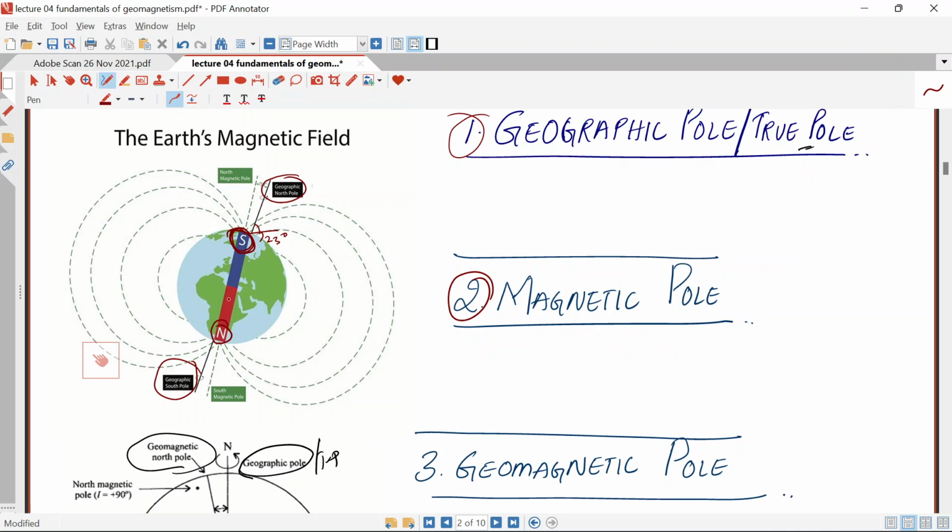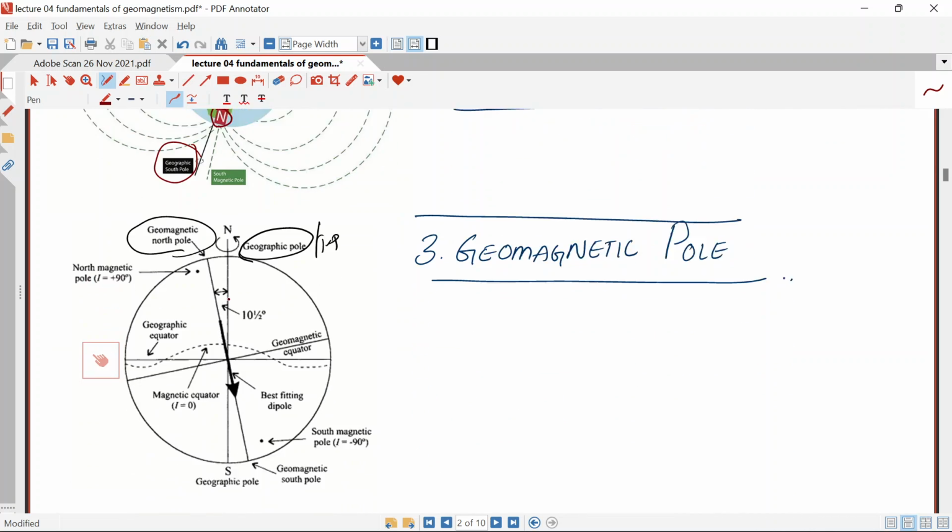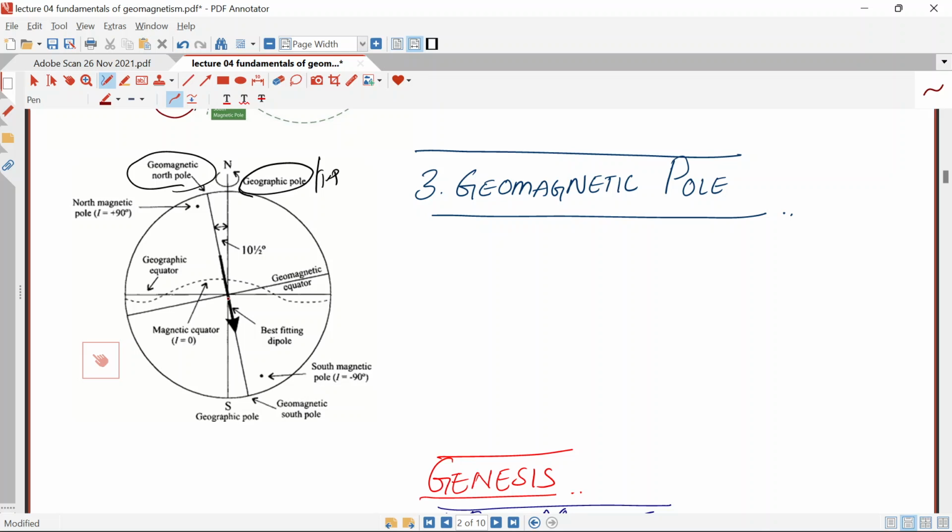And then we'll see what a geomagnetic pole is. A geomagnetic pole is quite opposite to the magnetic pole and quite similar to the geographic pole. If you consider this as the geographic pole or true pole, the geomagnetic pole is inclined approximately 10 and a half degrees, or approximately 11 degrees, to the geographic poles.